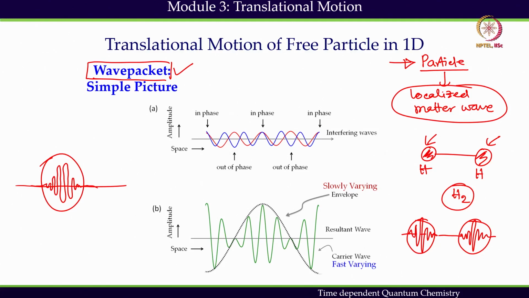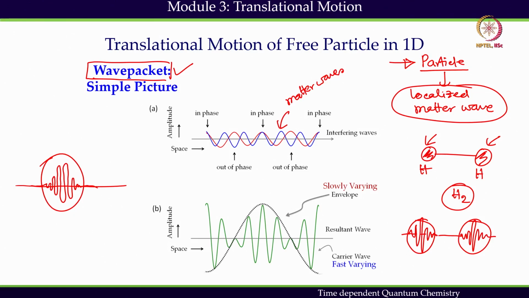And so, I should have at least two matter waves interacting, because without this interaction I cannot localize a wave.